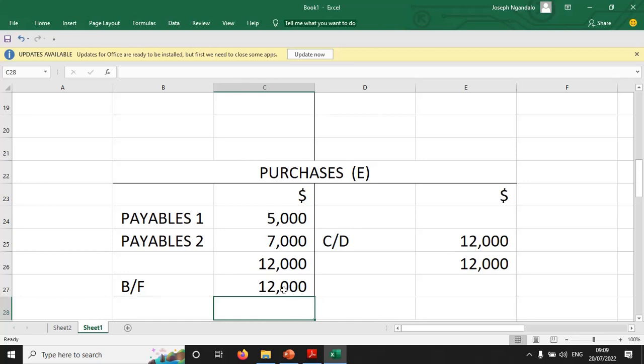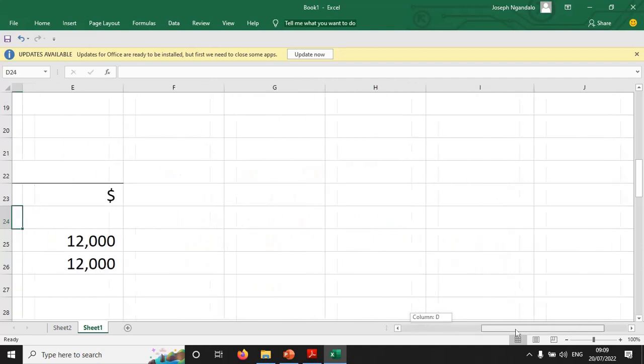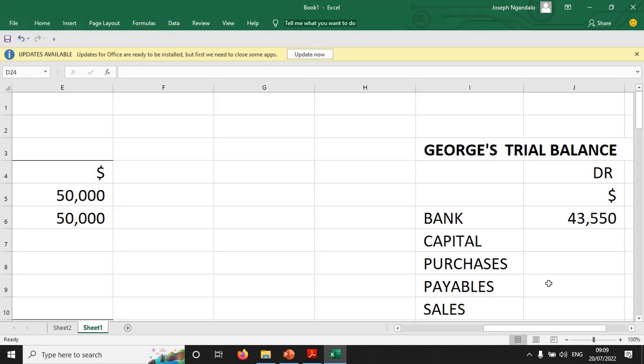Expenses, we debit. So get the same 12,000 on the debit side and take it where? To the trial balance. Which side? On the debit, right? So you write here 12,000.